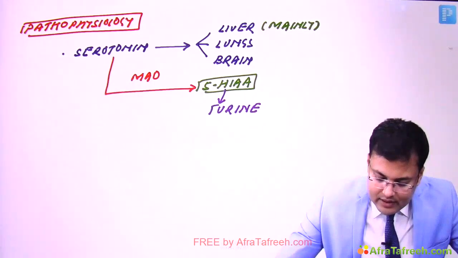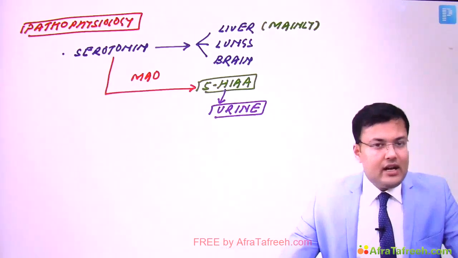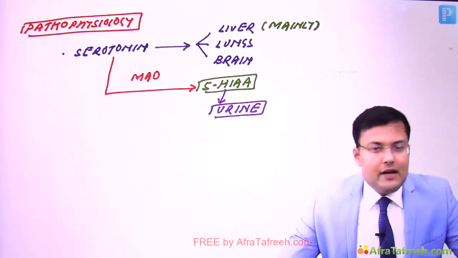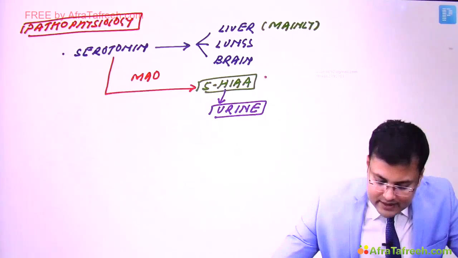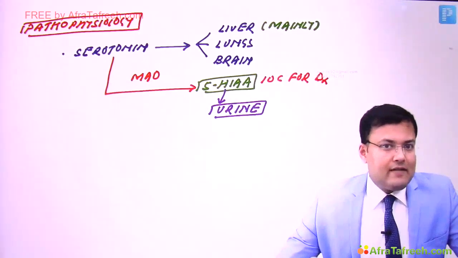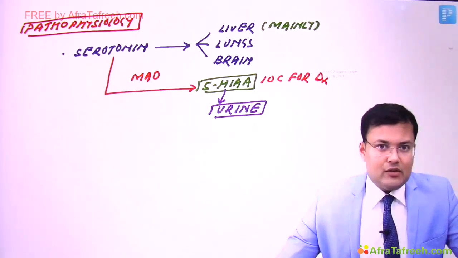Clear? Now, what is the importance of this pathophysiology? That is how we are going to make the diagnosis of carcinoid tumors. We are going to detect the byproduct in the urine, 5-hydroxyindole acetic acid. So this is the investigation of choice for diagnosis.